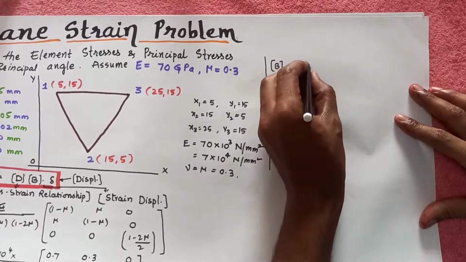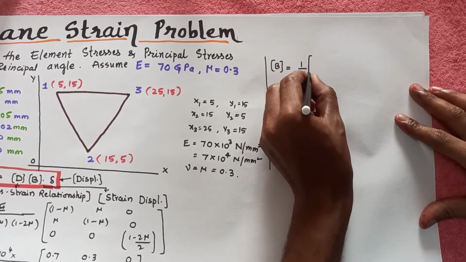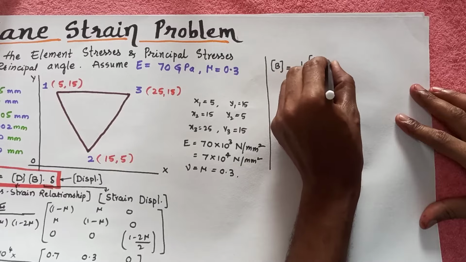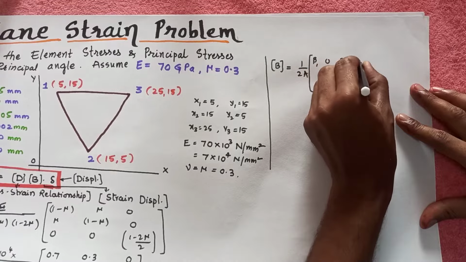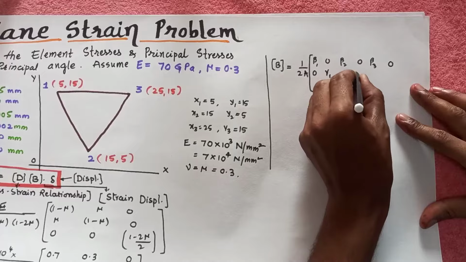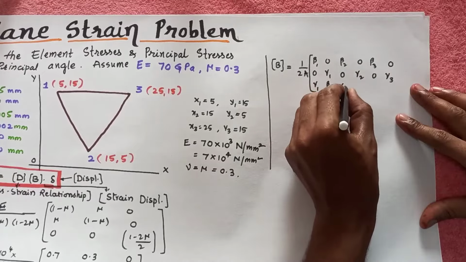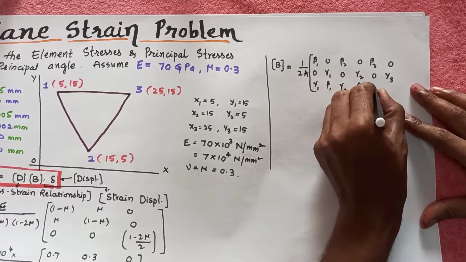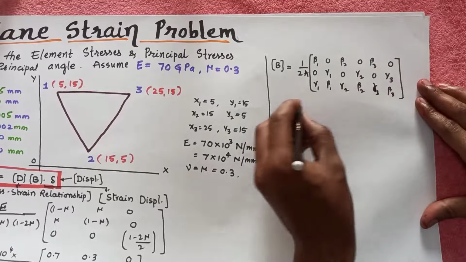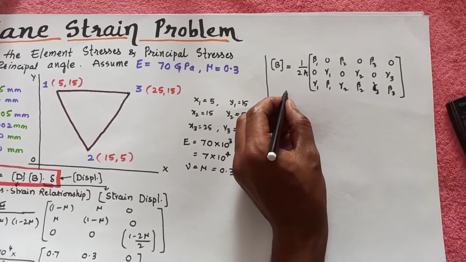For the B matrix it is 1 by 2A in the bracket, a 3 by 6 matrix: beta 1, 0, beta 2, 0, beta 3, 0; 0, gamma 1, 0, gamma 2, 0, gamma 3; gamma 1, beta 1, gamma 2, beta 2, gamma 3, beta 3.